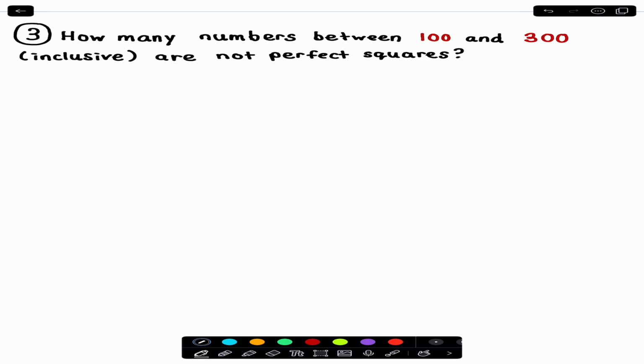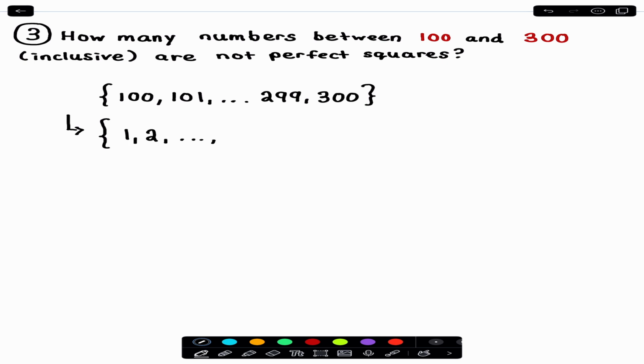So first, we are going to deal with how many numbers there are without any restrictions. So just how many numbers between 100 and 300 inclusive are there? And again, going back to the list idea from before, if we want to find out how many numbers there are between 100 and 300 inclusive, we are going to convert this list by performing an operation, and we are going to subtract 99.